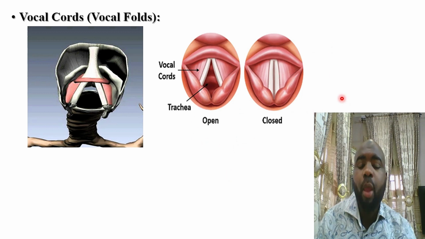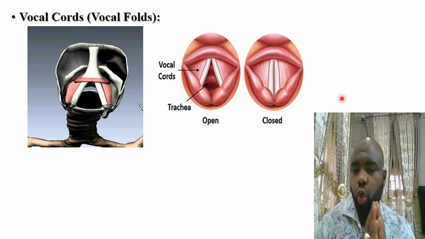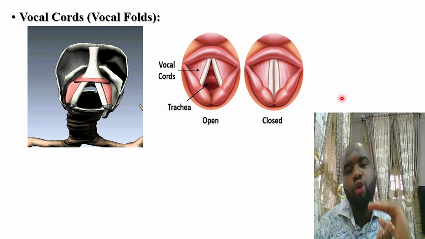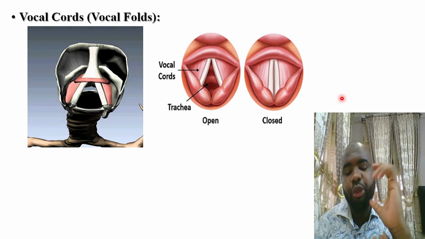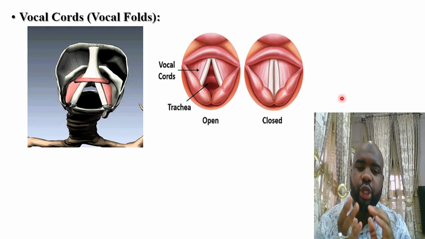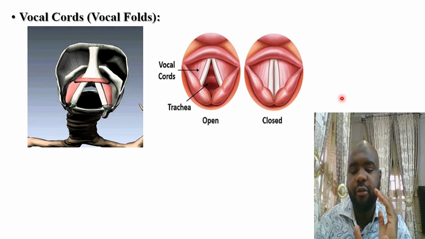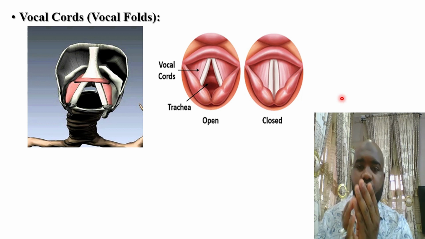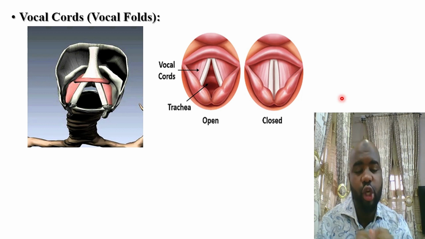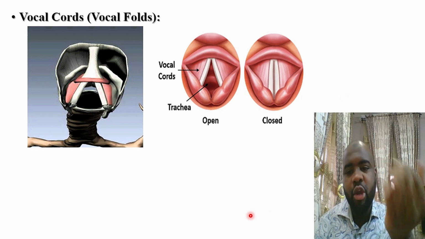Now, what happens when we have open or closed vocal folds? When you have them closed, it gives a tendency of having a higher pitch sound, like when you say the long e sound, different from when you say the schwa, like in father, which is a short sound, the weakest sound in the English language. So these two are responsible for whether a sound is high or low.